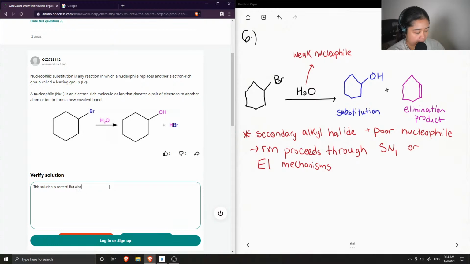But also, since water is a weak nucleophile, this reaction can proceed through both SN1 or E1 mechanisms.